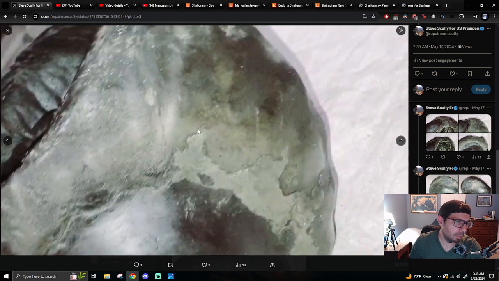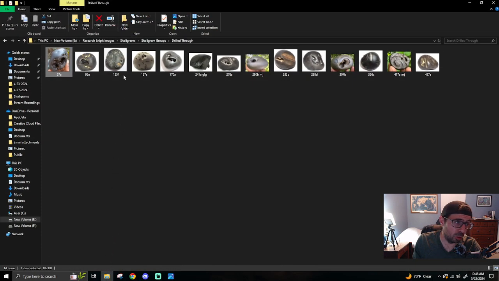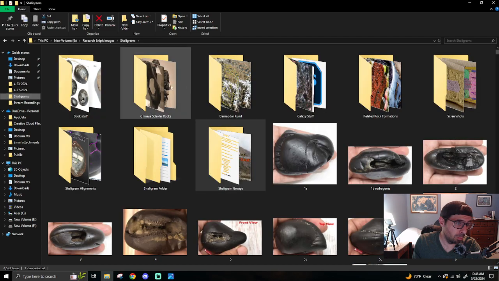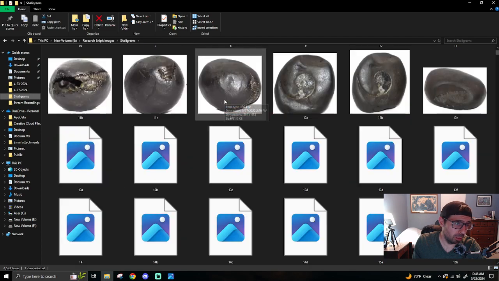Not the best image, a little blurry, but we can see those triangular shapes too, almost like triangle here, triangle here. I know it's not quite, I don't know what to make of it exactly. I guess it's reminiscent of the more standard where it's shale, but in this case it's pyrite.